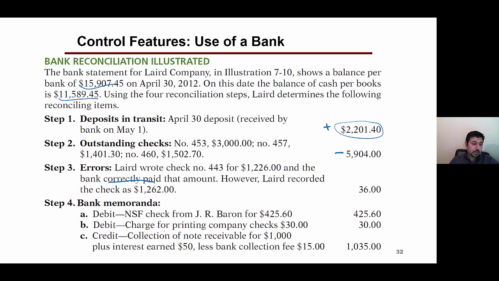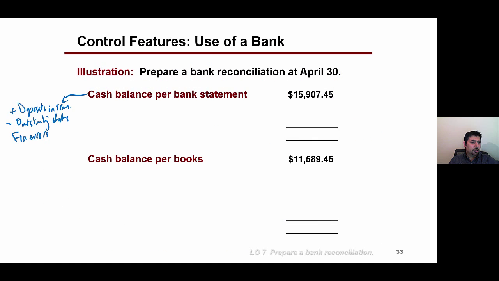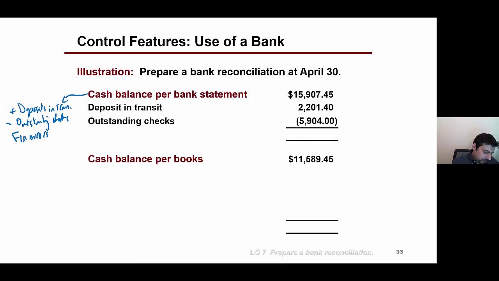The bank memoranda, as you remember, go on the adjustments of the balance per books. Here, this is why we need to add deposits in transit. We subtract outstanding checks, and because we didn't have any errors, that would give us the adjusted amount here.